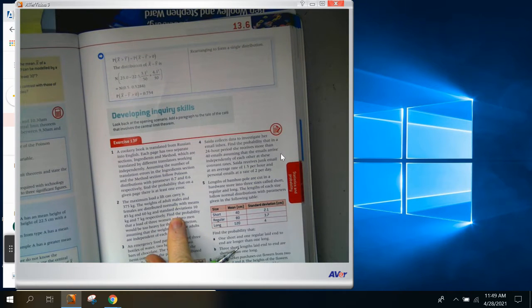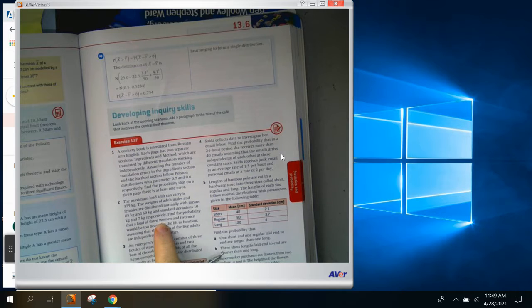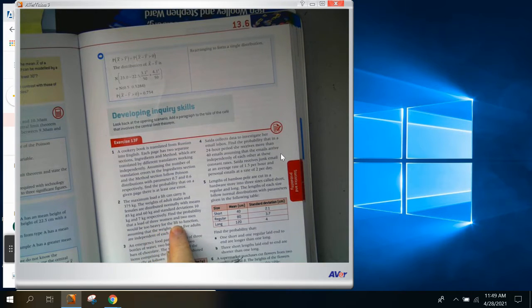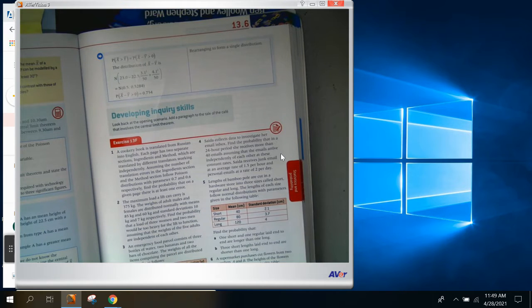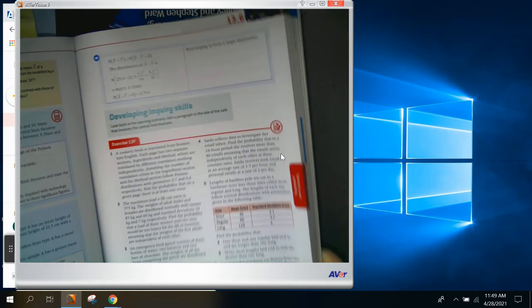So then it says, find the probability that a load of 3 women and 2 men would be too heavy for the lift to function. Okay, so I've got 3 women and 2 men.